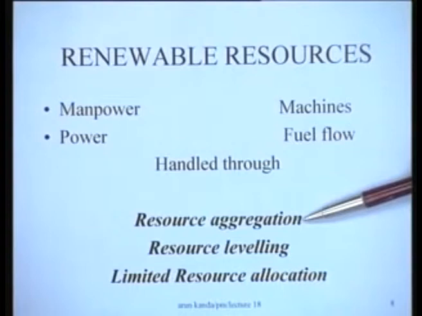Aggregation simply means, as the name suggests, the process of working out the resource usage profile from the schedule. Recall the example that we just did. We had the schedule for a project. If you superimpose on that schedule the resource requirements for individual activities, then you would have the aggregation of resources and you would be able to work out the resource usage profile.